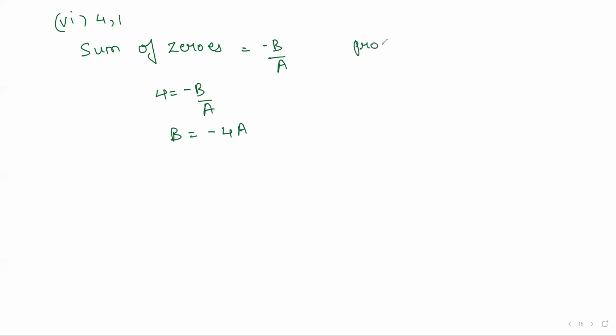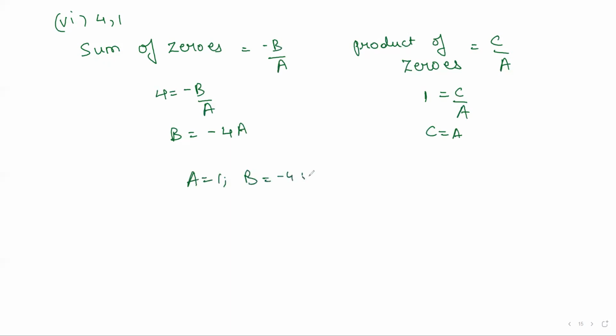Product of zeros is equals to c upon a. Product given is 1 is equals to c upon a. C is equals to a. For a is equals to 1, b is equals to minus 4, and c is equals to 1. Therefore, the required polynomial is x square minus 4x plus 1.